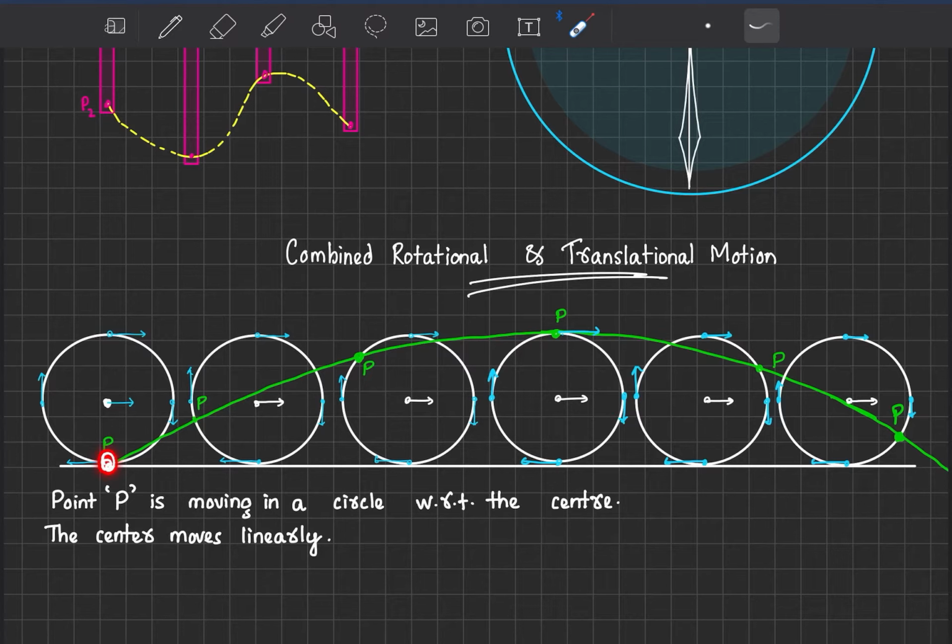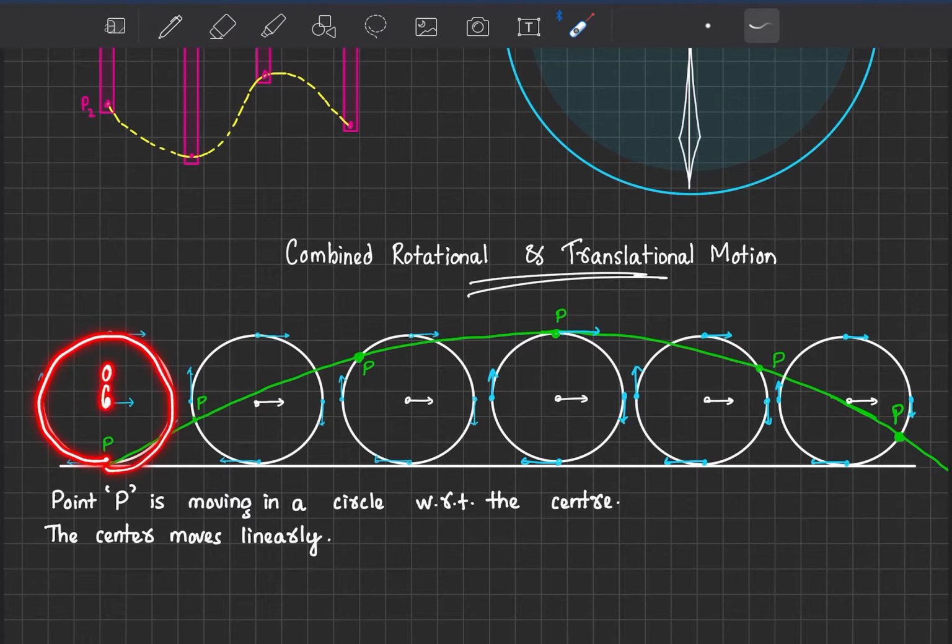Similarly, let us say this point, as it rotates to this position, this point must have moved somewhat behind, right? Now as the center has moved here, this point is now here. So if I say this point is P, after a part of rotation, this point will go up to here, point P. So if we consider about the center, this point is in rotational motion.